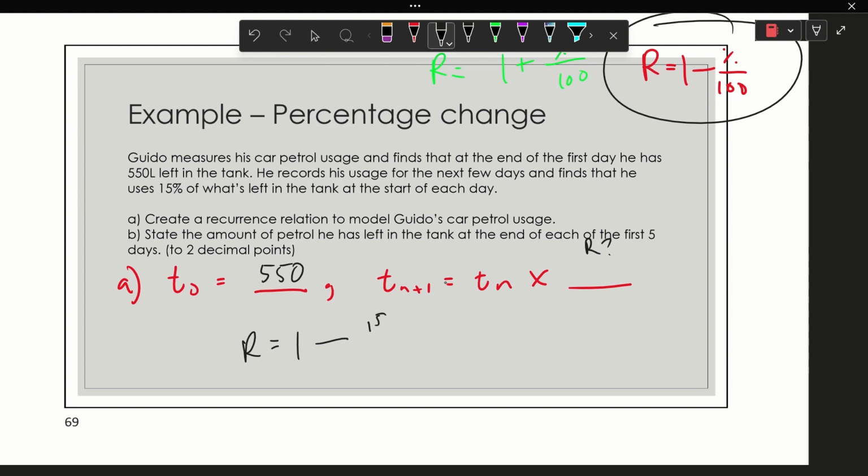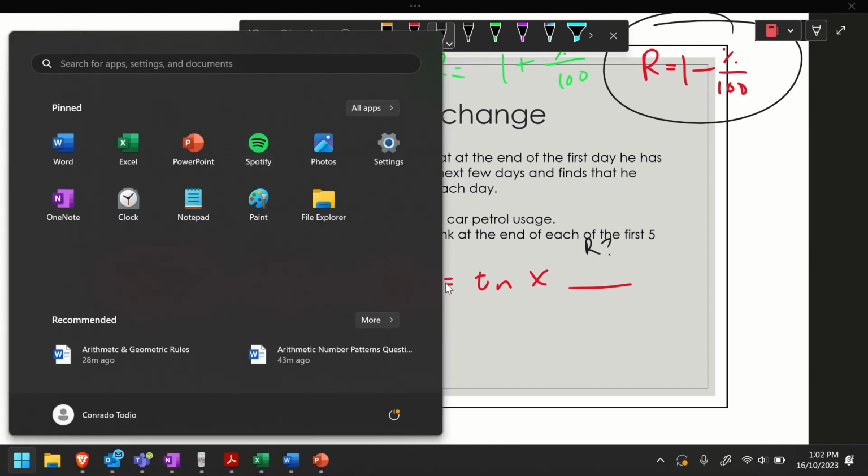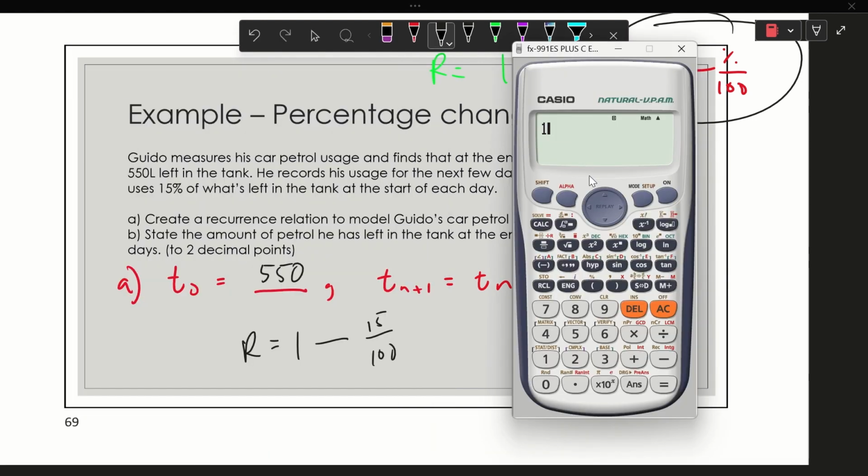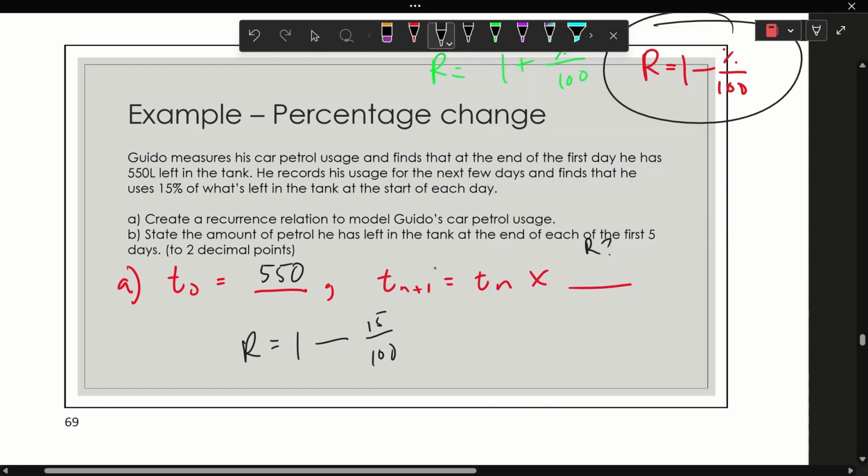So it's 1 take away 15 over 100. Now when I put that in my calculator, 1 take away, and then use your fraction button if you're confused, 15 over 100, it will be 0.85. So there's my common ratio, 0.85.